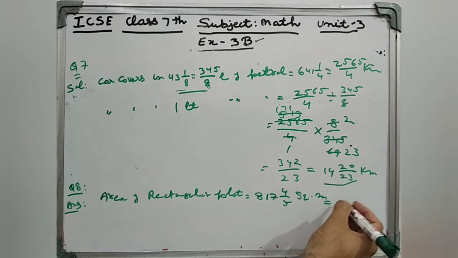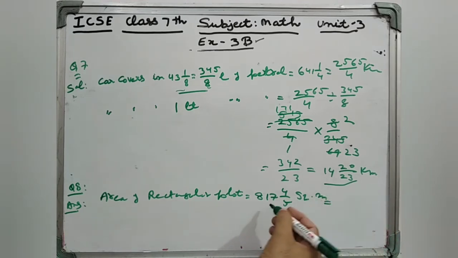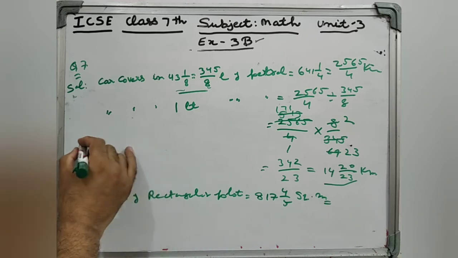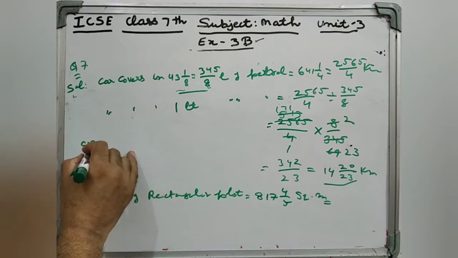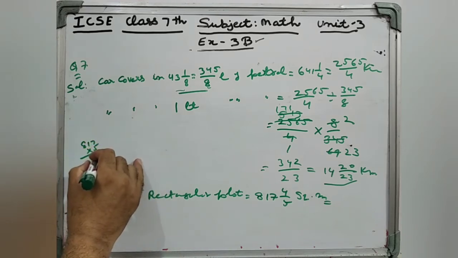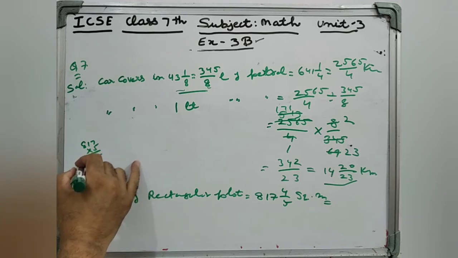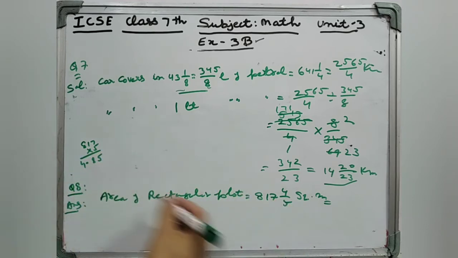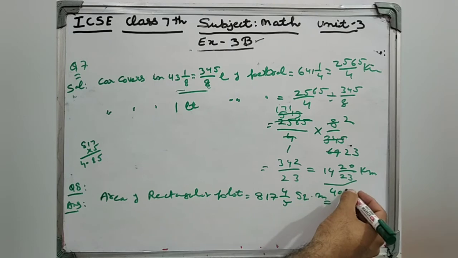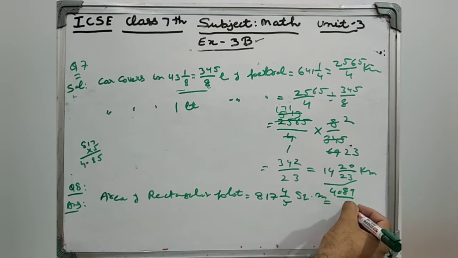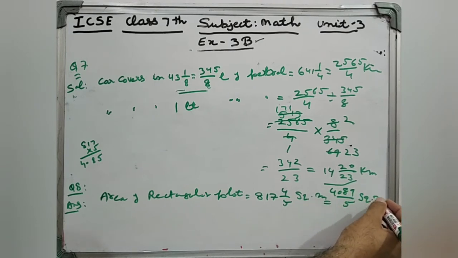We will make it simple: 17 5s are 85, and 85 plus 4 is 89. This will become 4089 upon 5 square meter.